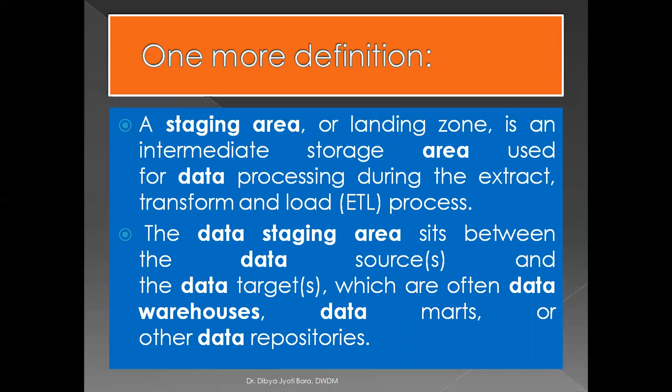You should remember that this ETL process is very important in data preprocessing also. ETL stands for extract, transform, and load. The data staging area sits between the data source and the data target, where in this case the data target is the data warehouse.